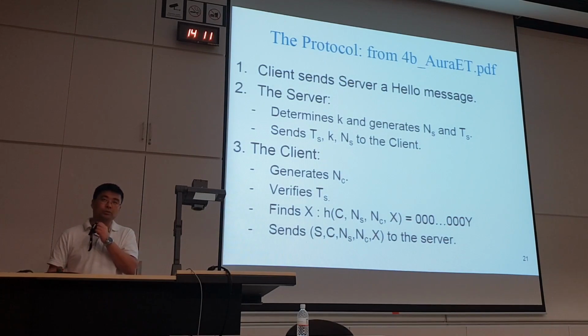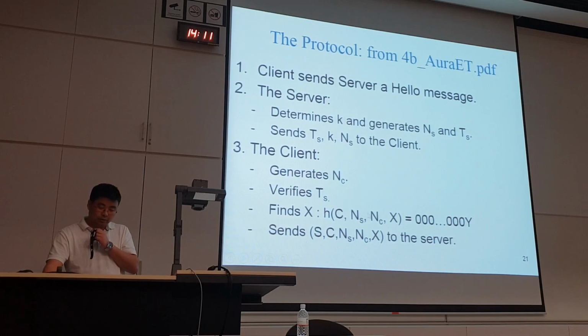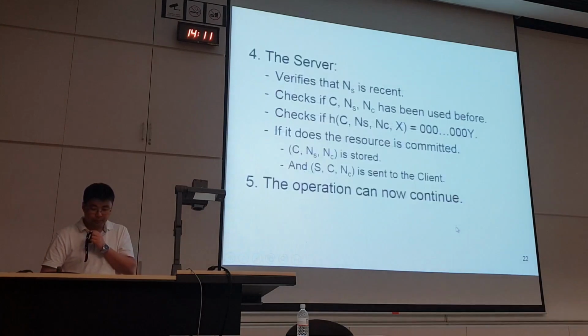That's the work you need to complete in order to prove that you have solved the client puzzle. All right. So if you need to try, say, 2 to the power k X, that means you need to try 2 to the power k hashes, because you need to hash the X to check whether the result is correct or not.